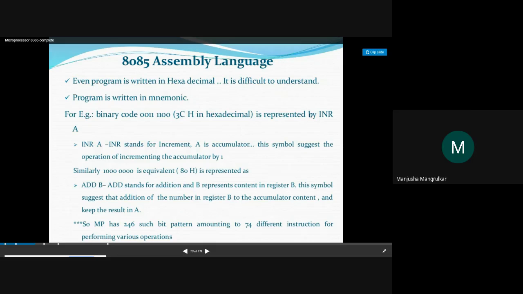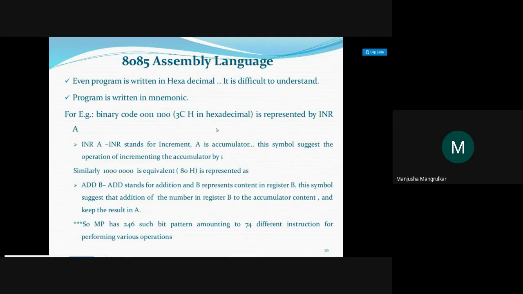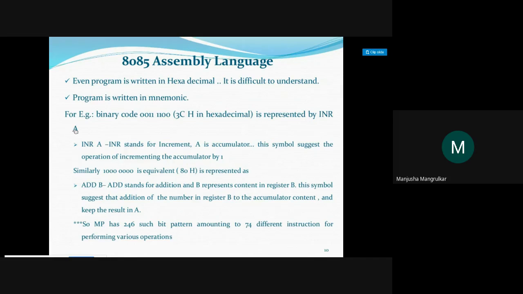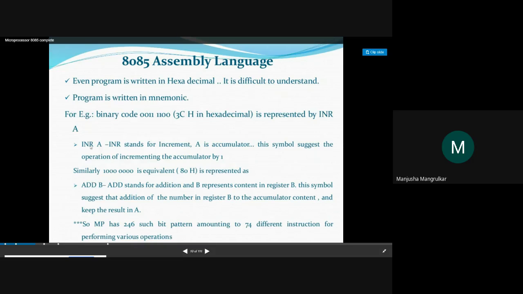Instead of that, it is represented as INR A. INR, everyone can understand, is a short form of increment, and A means the accumulator. INR A stands for increment the accumulator. That symbol suggests that the operation is incrementing the accumulator by 1.